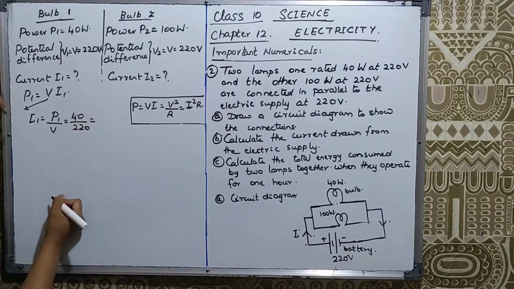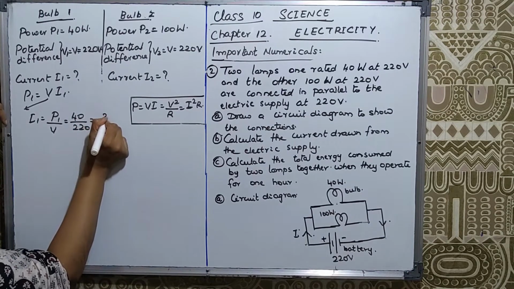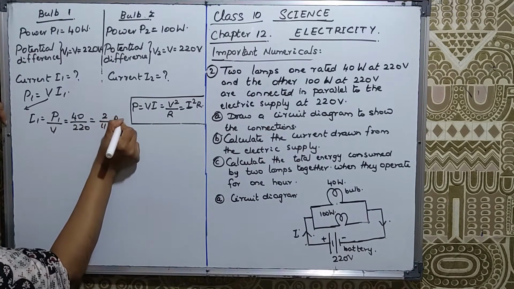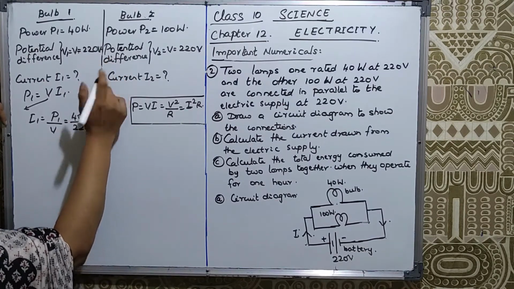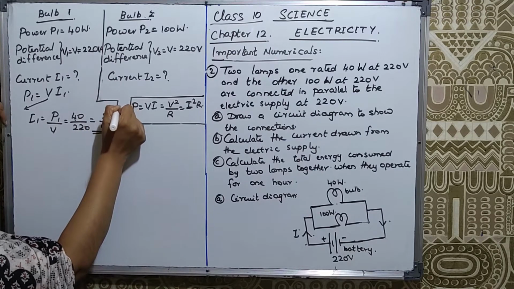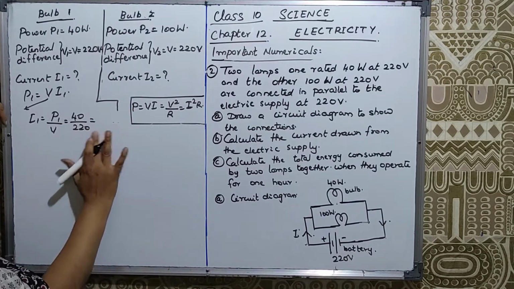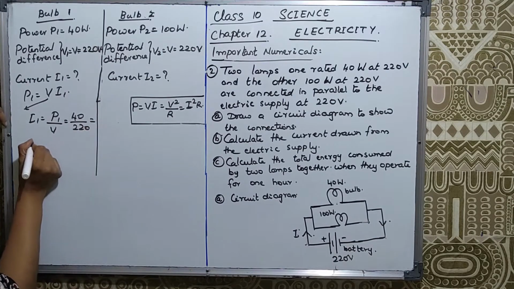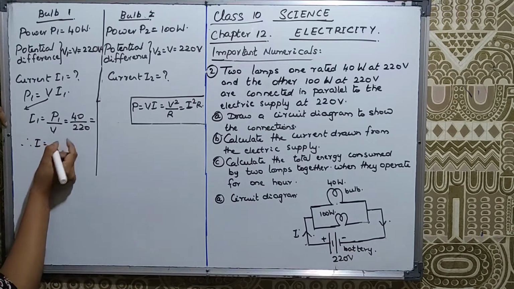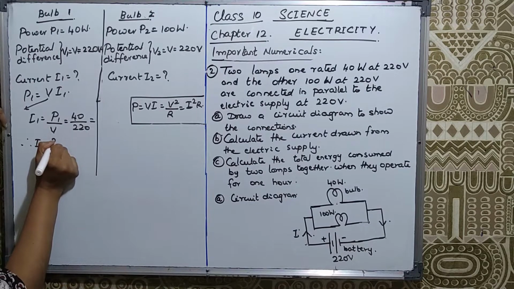The zeros cancel, leaving 2 by 11. The unit of current is ampere. So I1 equals 2 by 11 ampere.